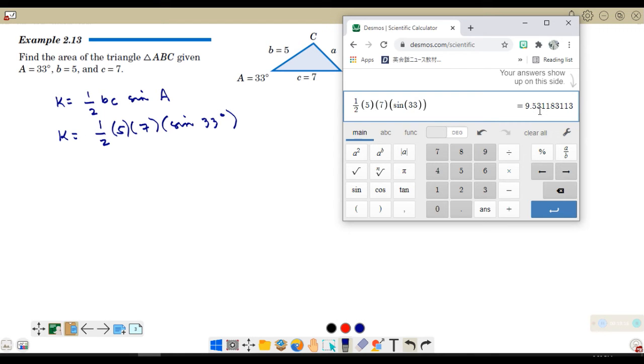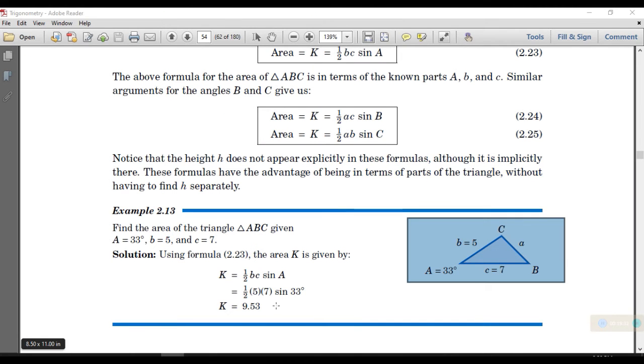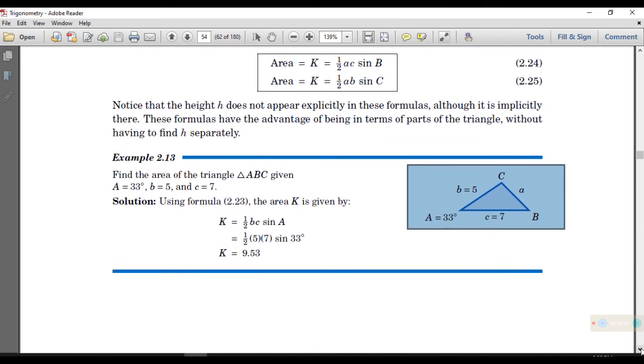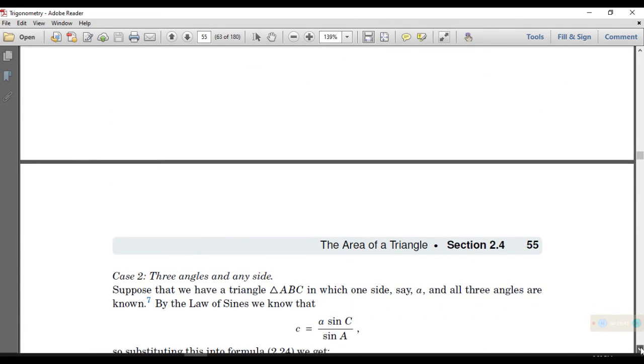So, we have 9.5312. So, the area is approximately 9.5312. So, that is the area of the given triangle. Okay? Okay. Yun. Ang sagot ni Book ay 9.53. As usual, I used more decimal places. Now, let's go to case 2.